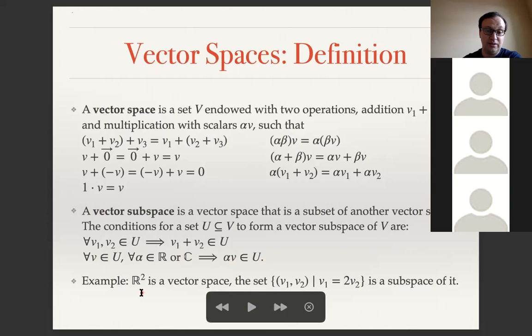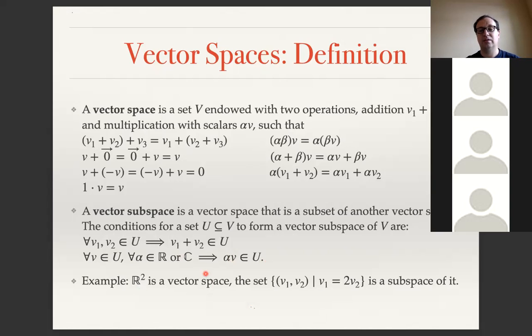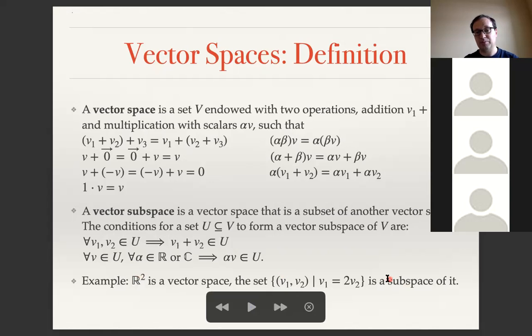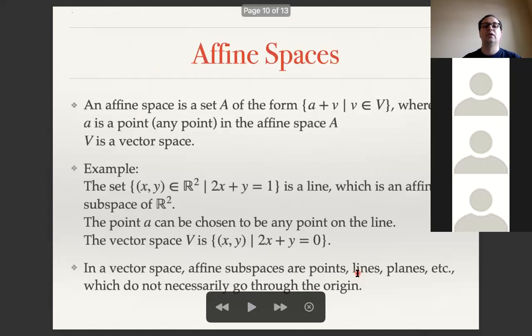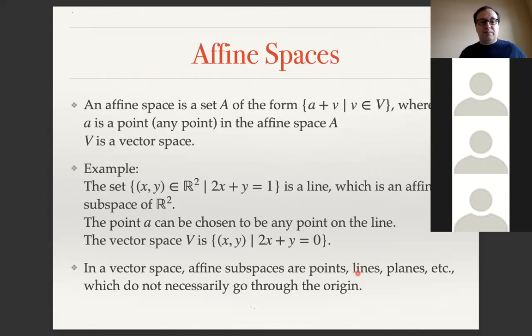So an example here: R² is a vector space with the usual addition and multiplication by scalars. And then this set, which is actually a line in the plane R², is a vector subspace of it. This is a line that passes through the origin, through 0. And what about an affine space?